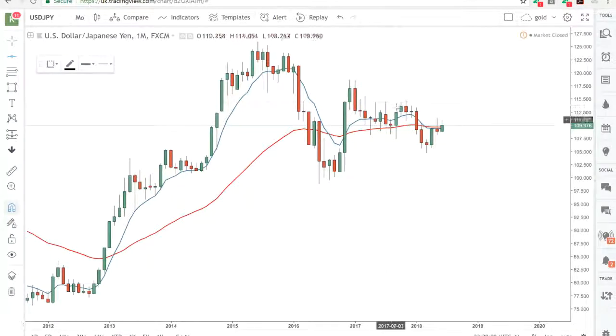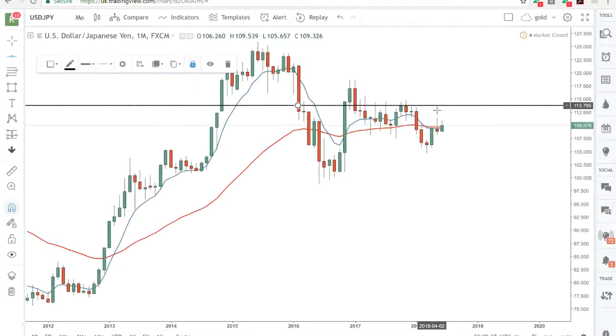You can see there are multiple times that price has tried to break above this level with these wicks, but there's some sort of resistance along here that's stopping price from moving upside. So we can plot our first resistance around here, just like that.